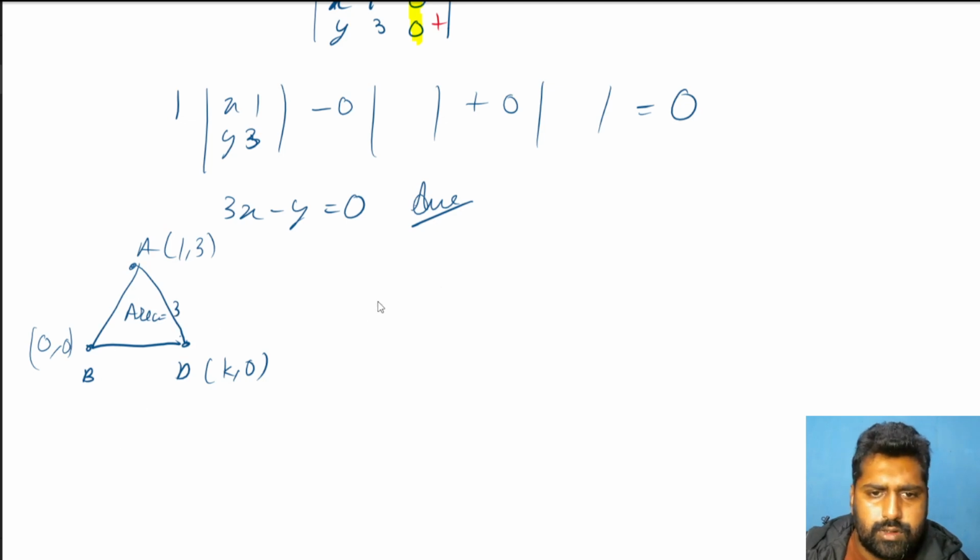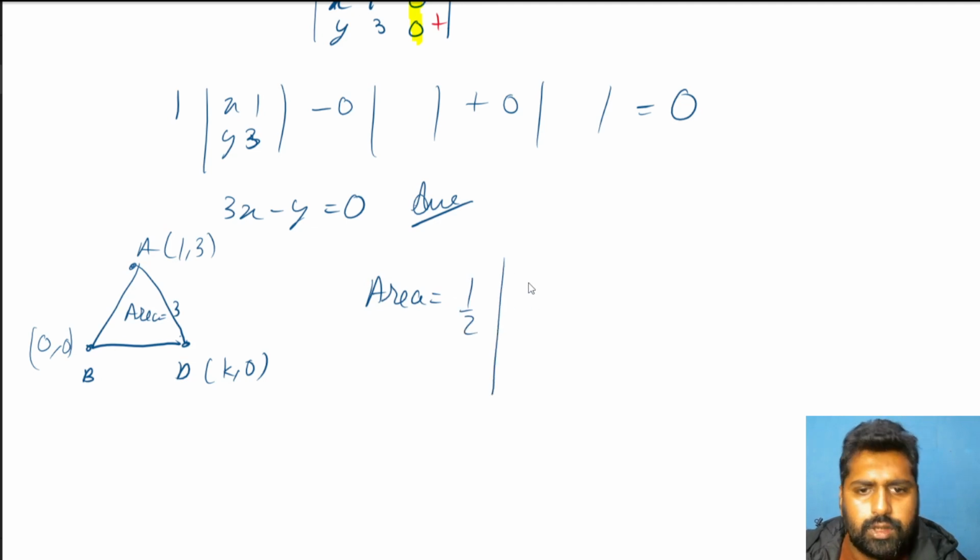So what is the formula of area? Area is equal to 1 by 2 determinant of 1 1 1, then the coordinates, x is 0, 1, k, and y is 0, 3, 0.